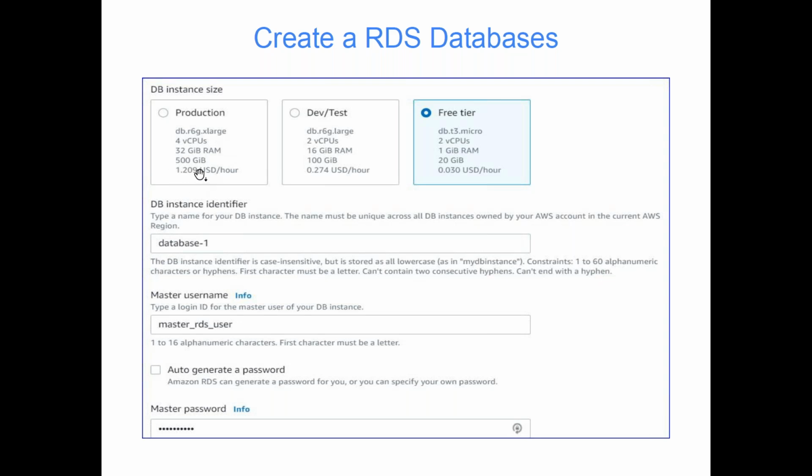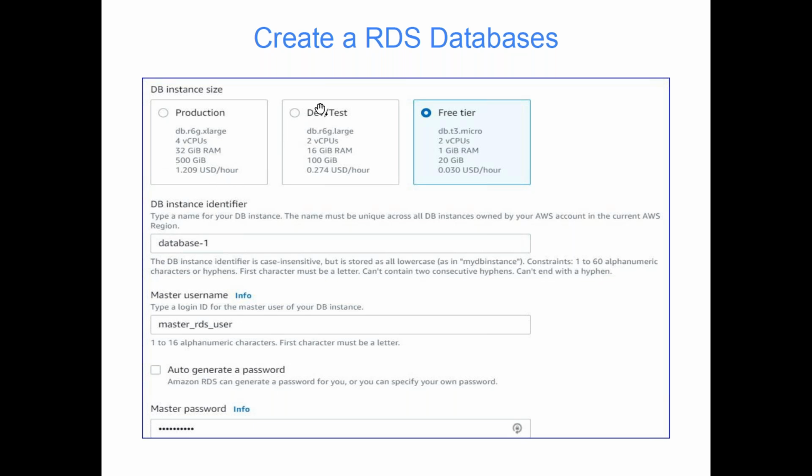You see here, 32 GB of RAM, 4 virtual CPUs, 500 GB of storage, and the charges you can also notice, 1.2 USD per hour. That means if you keep it running 24/7, you can calculate your charges accordingly.